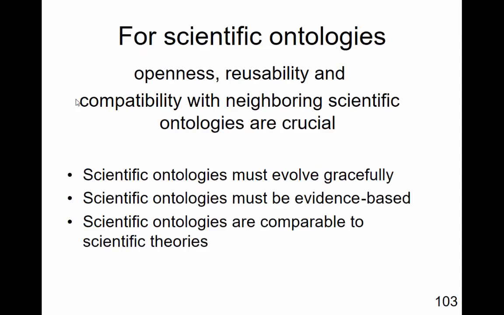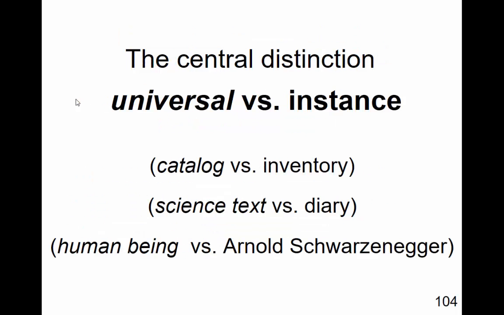That doesn't work for BFO, because BFO is not the terminological content of any scientific theory. It's the equivalent of arithmetic. So arithmetic is perfectly good for doing science, but it's not part of science. And similarly, BFO is perfectly good, we think, for building scientific ontologies, but it's not itself a scientific ontology.